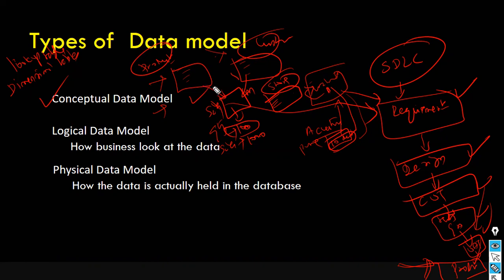Similarly, a single product can appear more than one time in the sales table because it's all invoices. Today you bought Lux soap, and after a week you go and buy the same soap again. The product ID for Lux appears more than once in sales, whereas in the product table it has to appear only one time. There should not be any duplicates in a lookup or dimension table.